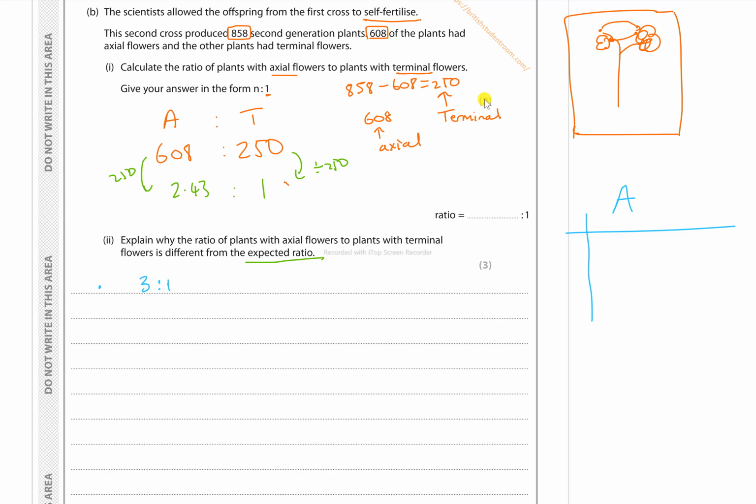So that's one parent and this is another parent. Say that's pollen and that's the flower. If you take A and a, you get Aa, that is axial, Aa, axial, AA, axial. Why? Because you've got the capital A, that makes it an axial plant, and then you've got 2 small a's, that makes it a terminal plant. So we're expecting axial, axial, axial, and terminal.